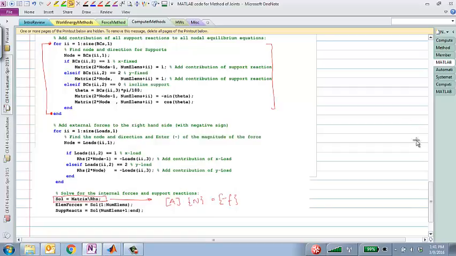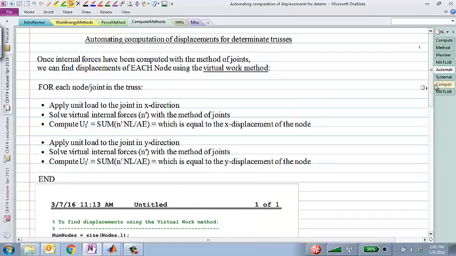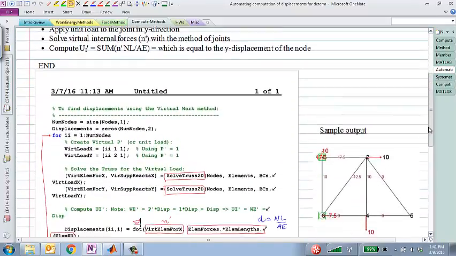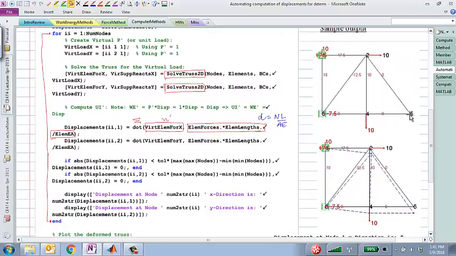And last time we had begun, I'll skip this automatic computation of displacements. I think it's reasonably straightforward. Essentially, if you want to calculate the displacement at a node in the x direction or in the y direction, apply a unit load at that degree of freedom, solve the structure, and use the virtual work method, virtual forces times real displacement. That allows you to calculate the displacement at each and every node in the truss.